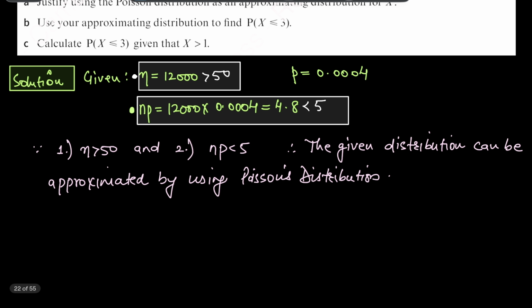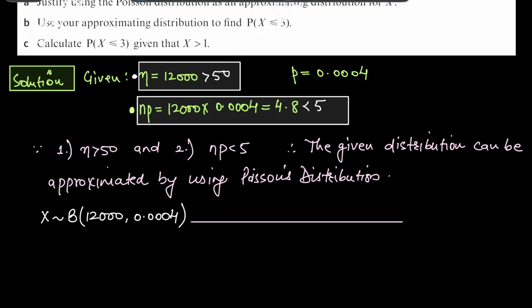Okay, so let's write down the expression for binomial distribution. So x is following binomial distribution with number of trials as 12,000, success as 0.0004, and now we need to convert this expression to Poisson distribution. So we are writing that it can be approximated by, and now we are approximating the given distribution x with Poisson distribution with mean as 4.8.